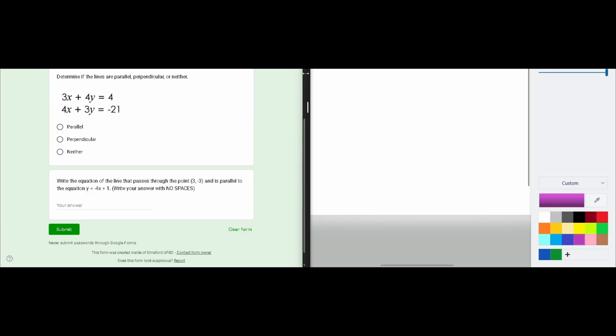Our next question is asking us to determine if our two given equations are parallel, perpendicular, or neither. We must first rearrange each equation into y equals mx plus b format to see what our slopes are.